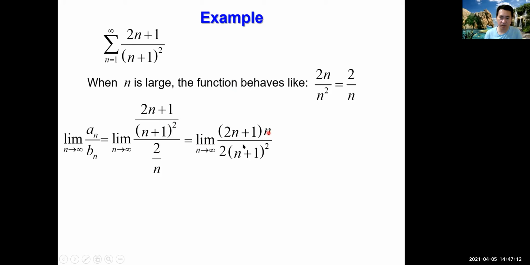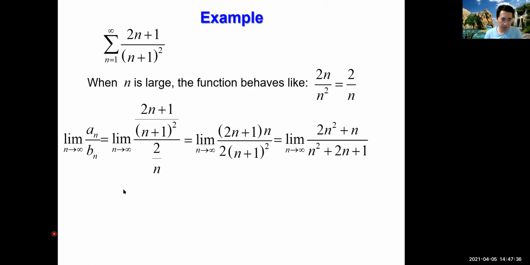Then from here you can take the limit as n approaches infinity. Notice that if you multiply it out, you can see it's 2n squared plus n here. The bottom you FOIL, it's n squared plus 2n plus 1.